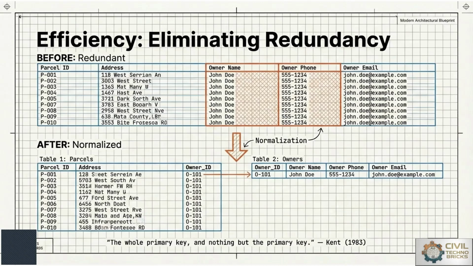Normalized datasets are important for land record management, cadastral mapping, urban planning, and infrastructural monitoring in the civil engineering domain. Civil engineers use GIS datasets to manage parcels, utilities, transportation networks, and survey records efficiently.